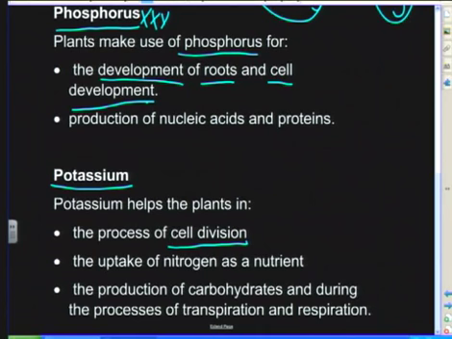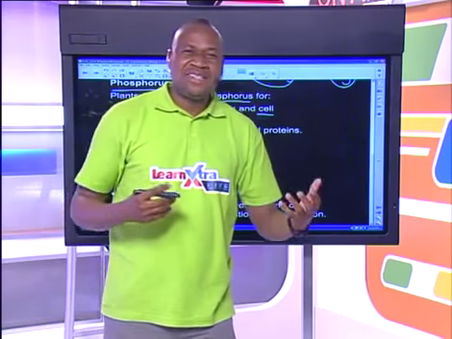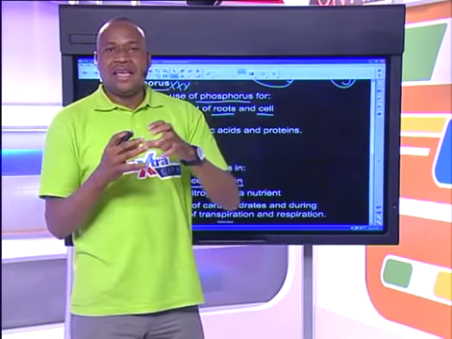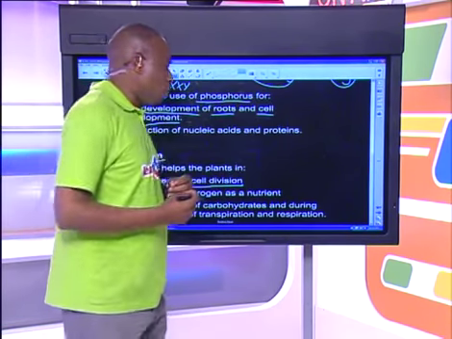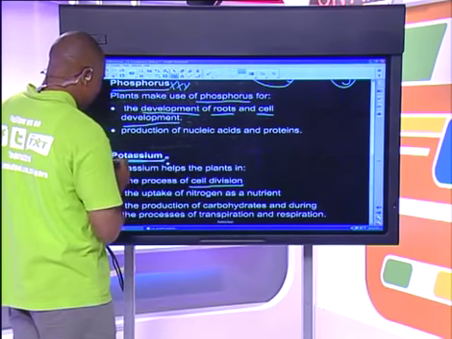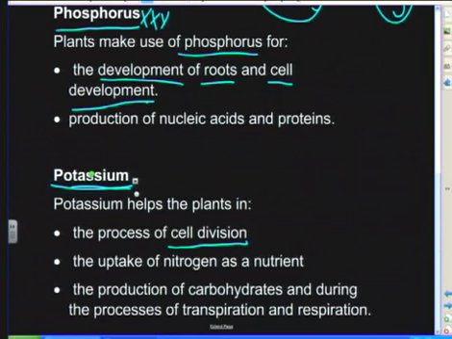Remember the process of mitosis and meiosis, cell division, that the cells have to multiply. As they divide, then the plant grows as well. So when that happens, you need a lot of potassium for the plant to do that. The uptake of nitrogen as a nutrient is helped a lot by the presence of potassium.